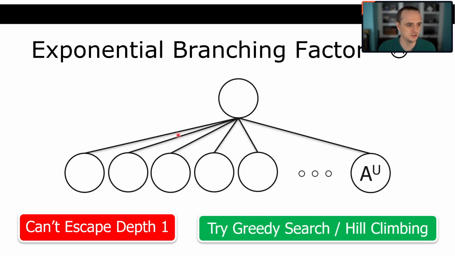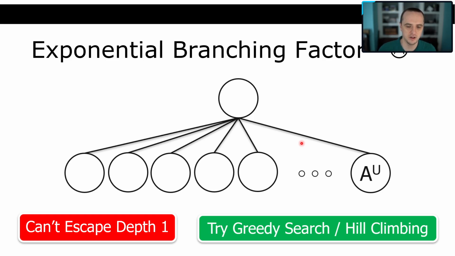Remember how I talked about the unit depth, right? So this means that even good search algorithms can't sometimes escape depth 1. If we have 5 to the power of 50 as our branching factor, we're going to stay at that first depth. We're never going to go to the second step, right? So how can we solve that problem?